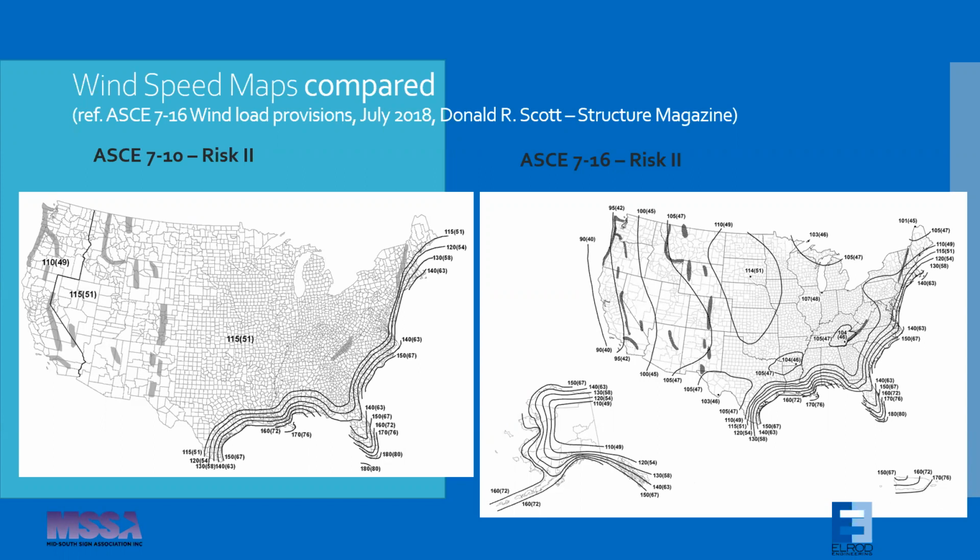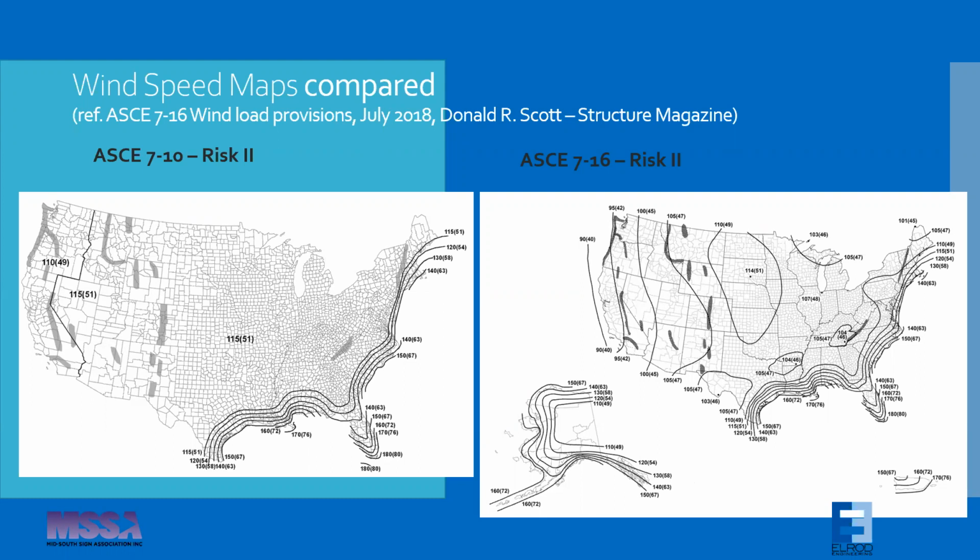Note the gray areas that look like smudges, mostly in the West, though you do see some along the Rocky Mountains and some up in the, I guess it's the Allegheny Mountains up in New England. Those are what are called special wind zones. Due to the topography, a local wind study has been conducted.